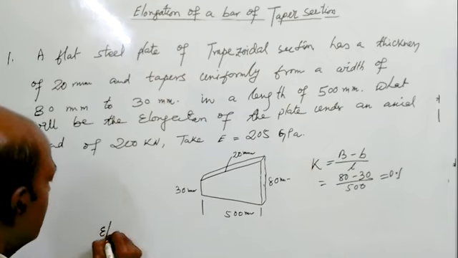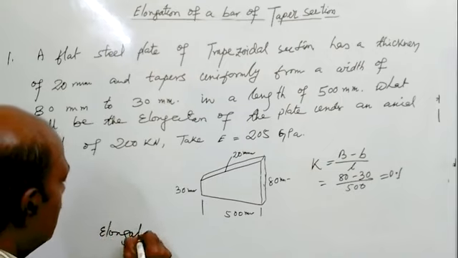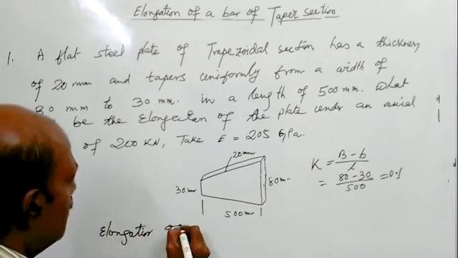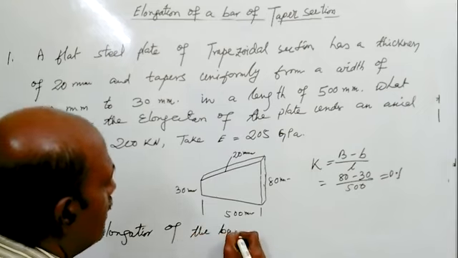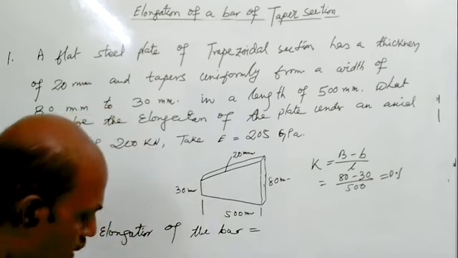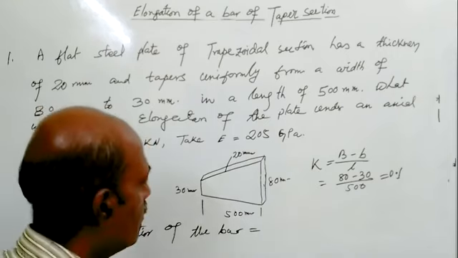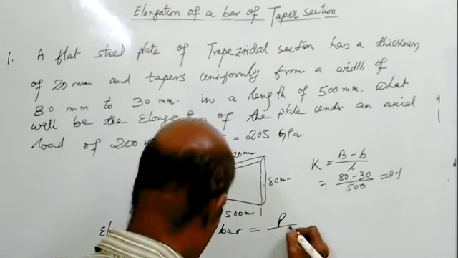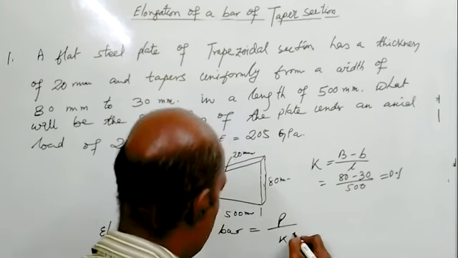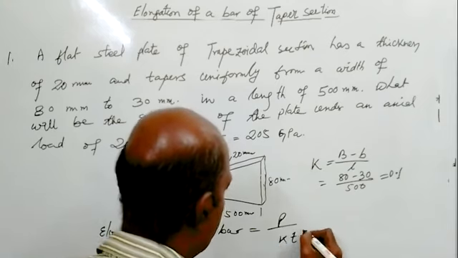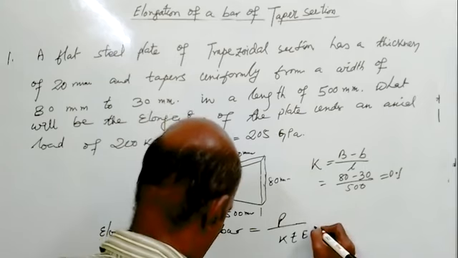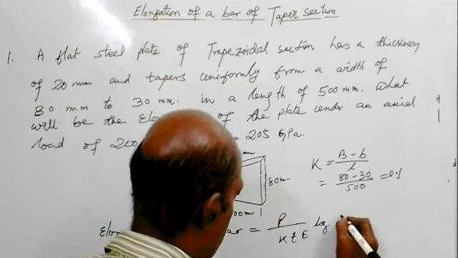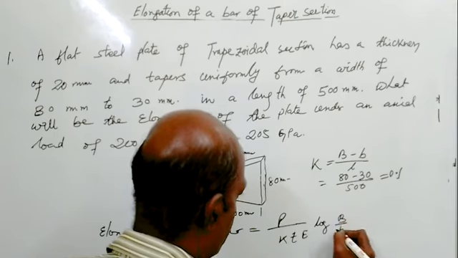Now the total elongation of the bar is given by the formula P by K T E into log capital B by small b.